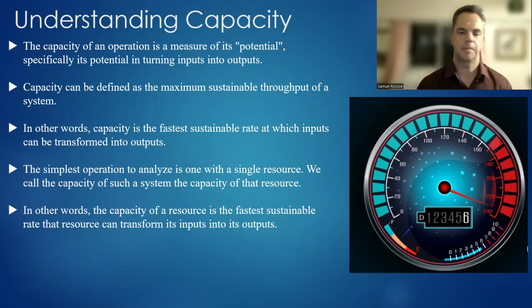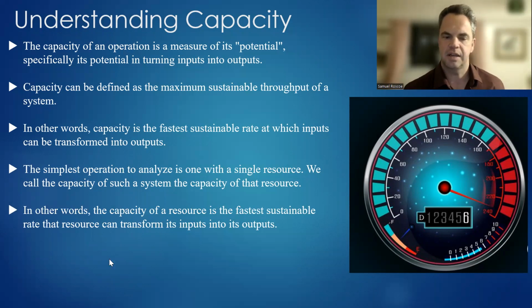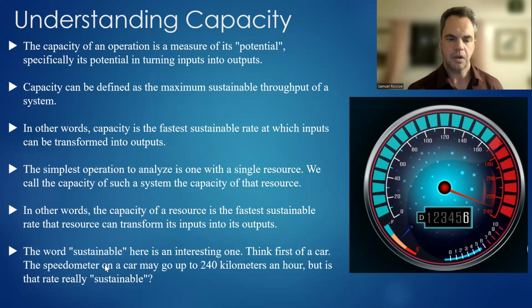So in other words, the capacity of a resource is the fastest sustainable rate that a resource can transform inputs into outputs. The word sustainable here is an interesting one.